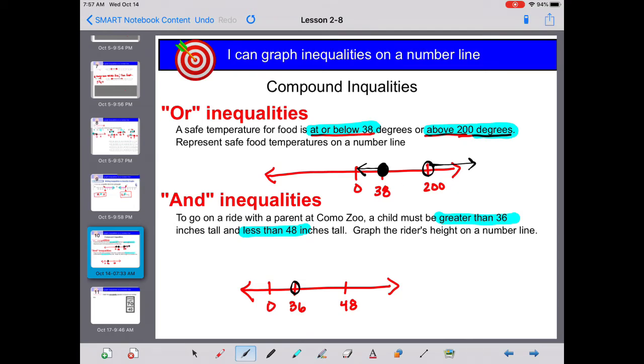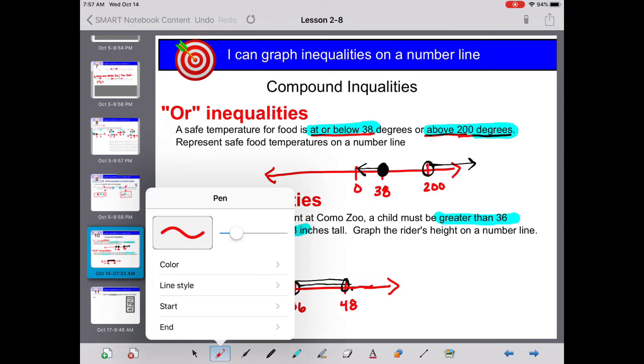I have to be both taller than 36, which I can show like this, and I need to be less than 48, which I can show like that. So which heights meet both criteria? Well, only the heights that are between 36 and 48. So I'm going to erase anything outside of those amounts.